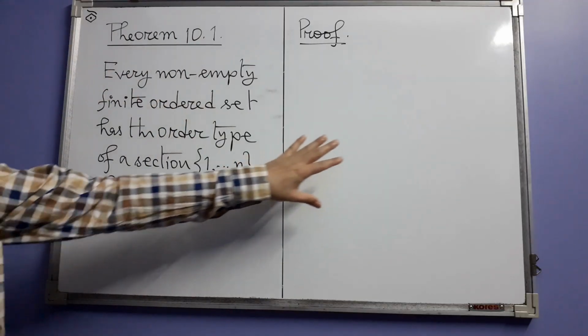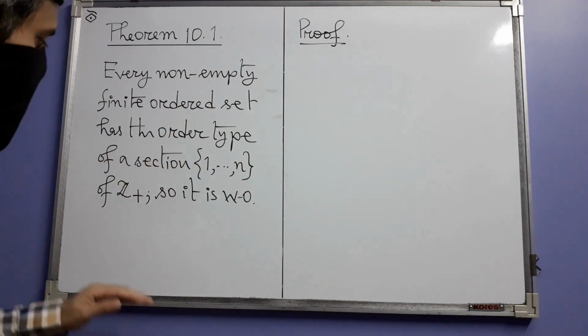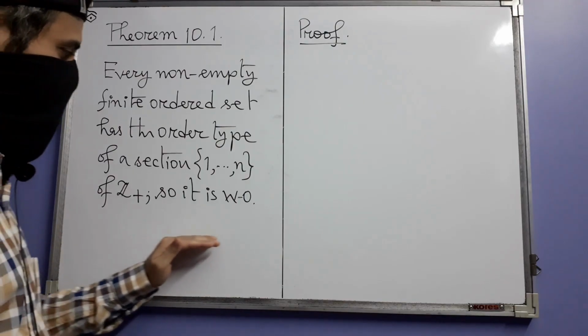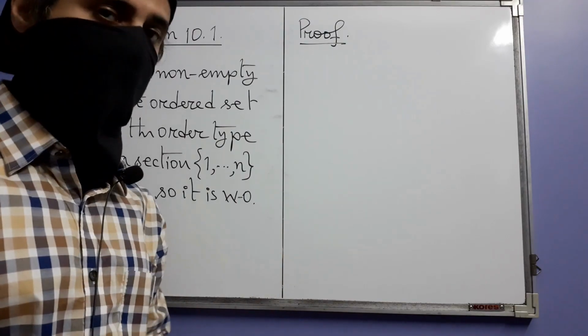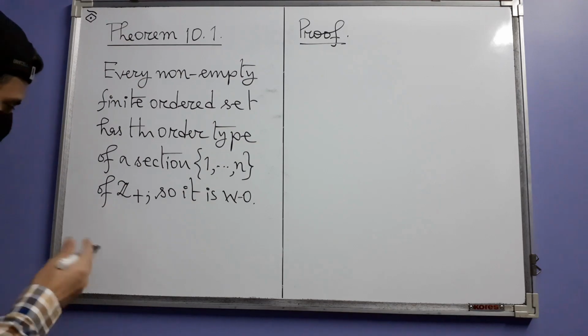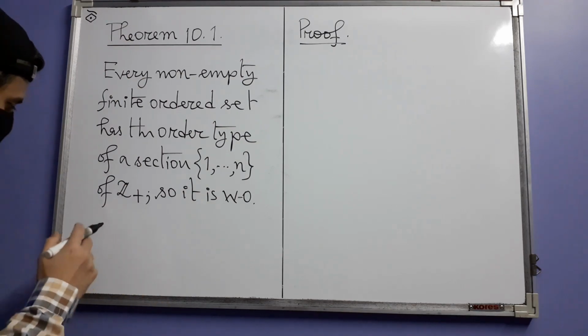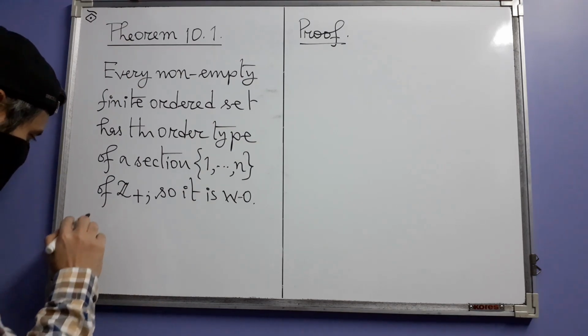But before we start the proof, let me just introduce a notation that will make our life easy. It's not given in this text. I didn't find it anywhere, I don't know why.